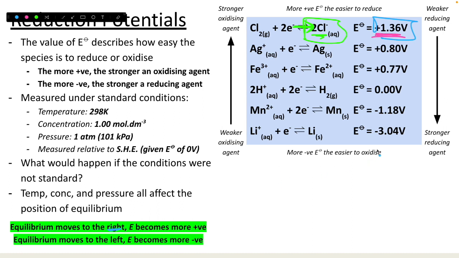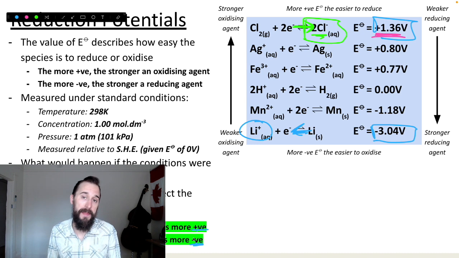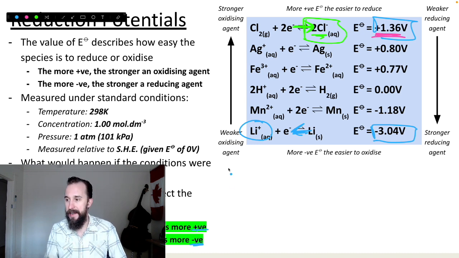Conversely, a negative value is telling us that it wants to remain in the oxidized form. It's very much favoring the backward reaction. So if we push that equilibrium further backwards, further to the left, it's going to become more negative. So we can change these reduction potentials when they're no longer under standard conditions.